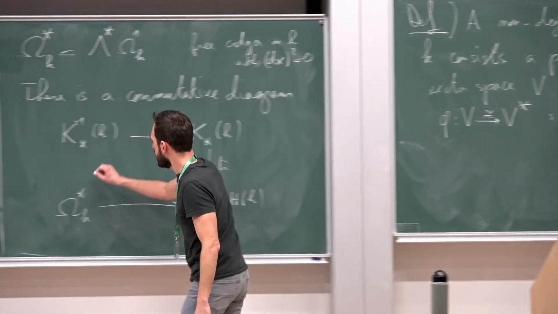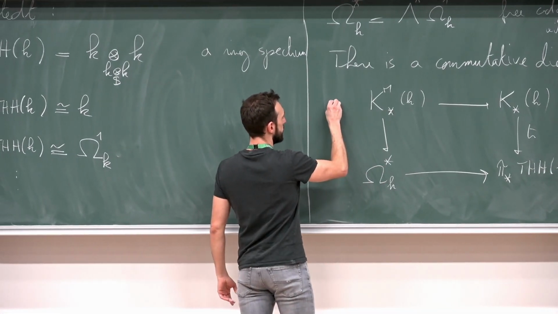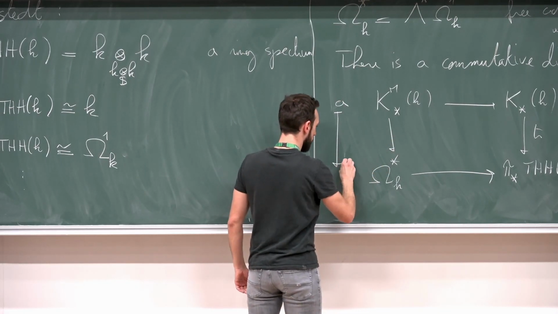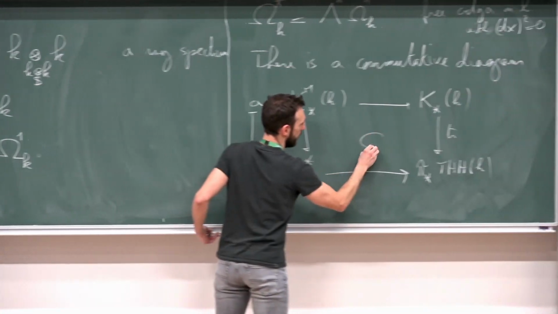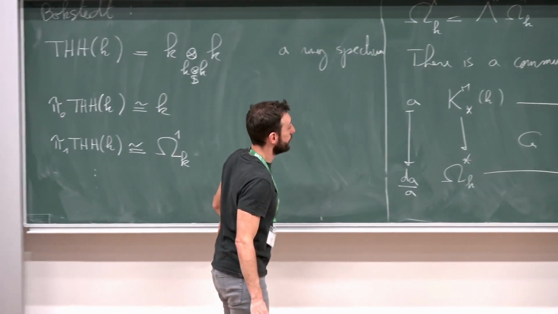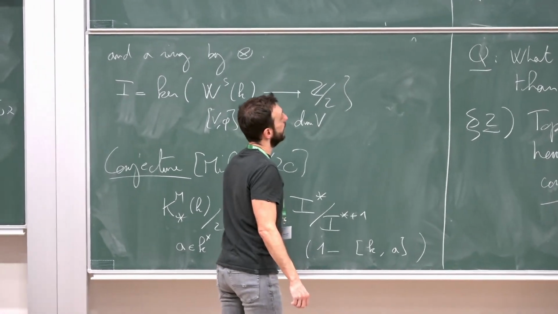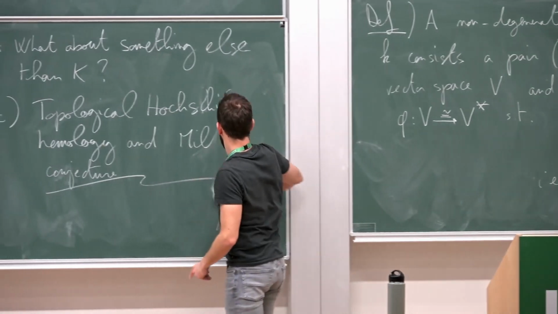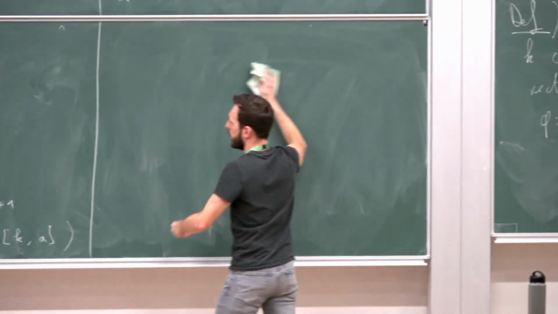You can fill out this square with the map here that, again generated in degree 1, sends a unit to this differential divided by A. So this is a nice picture that relates these four things. I'm just using this as a justification that somehow the de Rham complex has the role of Milnor K-theory for THH.